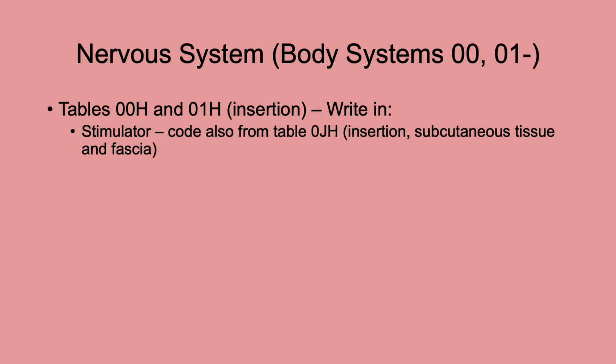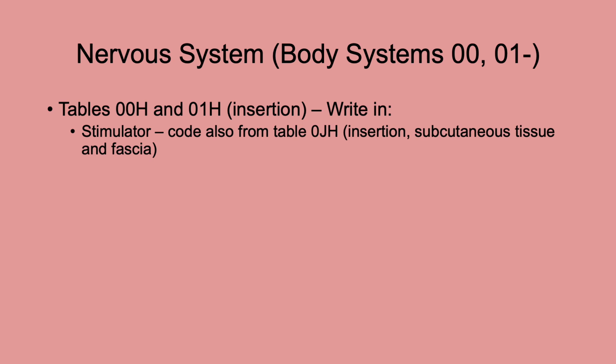For example, the nervous system, that's 01 and 00. So for table 00H and 01H, which is insertion, write in stimulator, code also from table 0JH. And this is insertion of subcutaneous tissue. So we're doing the insertion of the stimulator, and you're doing it in two parts.